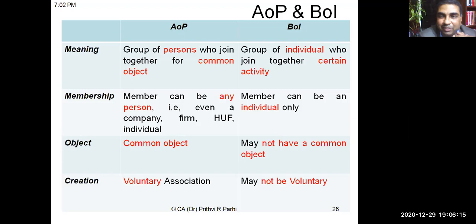So even if voluntarily they are not liable, now an outside agency has formed a body, that is a body of individuals. Did you understand the difference? So BOI may not be voluntary, whereas AOP is voluntary. Yes, sir. Thank you.